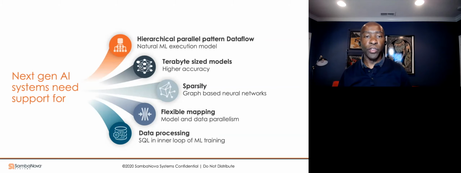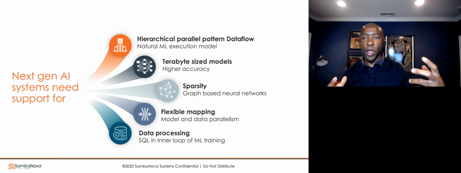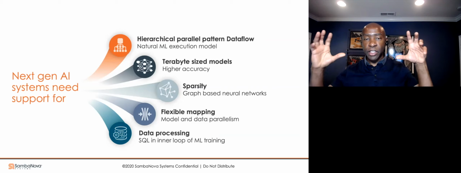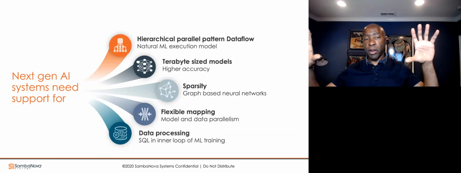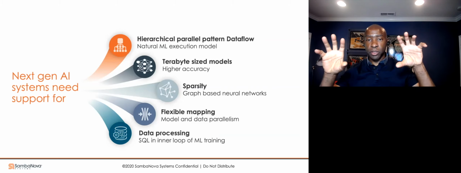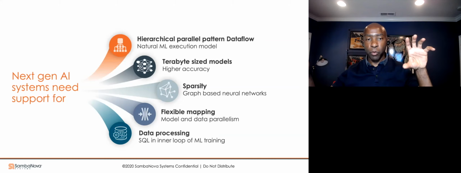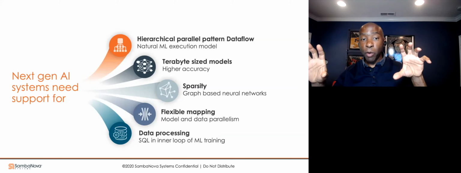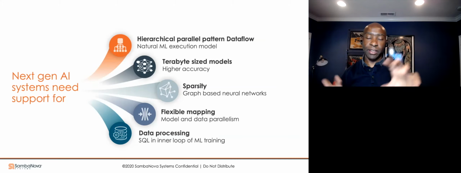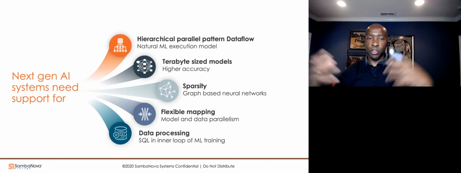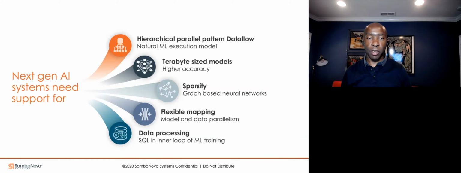Another key component you need in next generation AI systems is the ability to support flexible mapping of these models to your architecture, right? So we think about mapping these machine learning models in terms of model parallelism, which I will explain in more detail in just a moment, but also in terms of data parallelism, which is the natural, obvious thing of running these models on multiple sets of data at the same time.